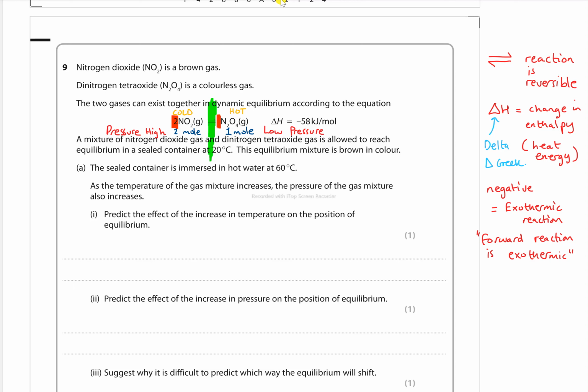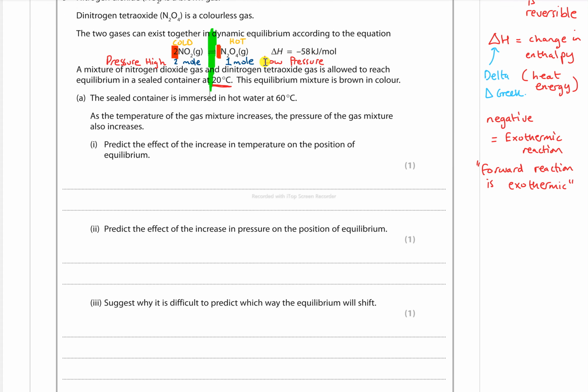Now we're going to look at 20 degrees C, and now it's gone to 60 degrees C. So we've increased the temperature. The system wants to cool down. It wants to go to the cold side, so it'll come to this side.